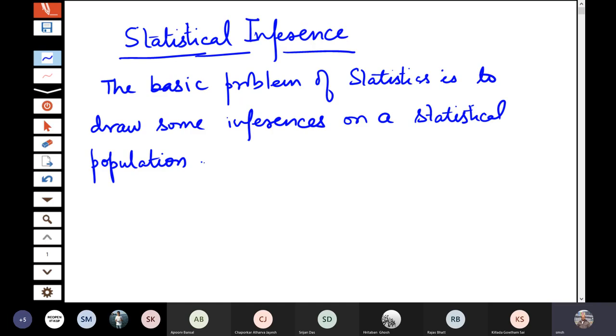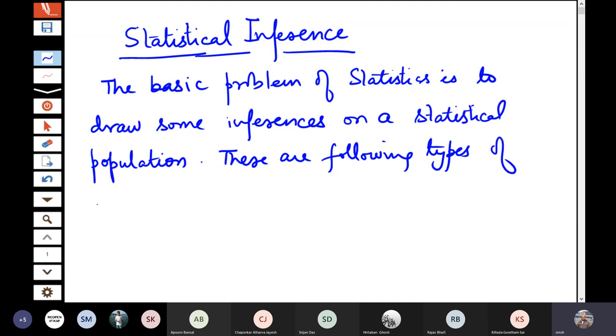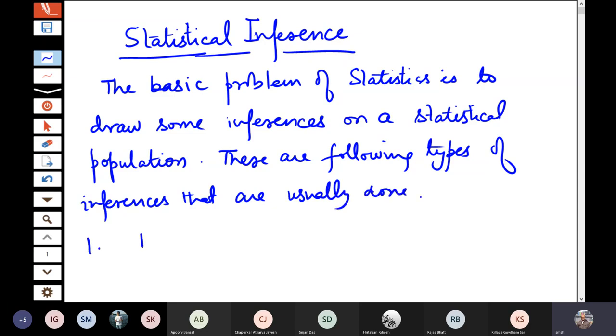So there are following types of inferences that are usually done. One, point estimation.